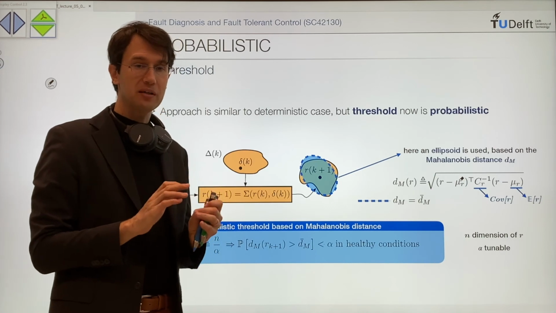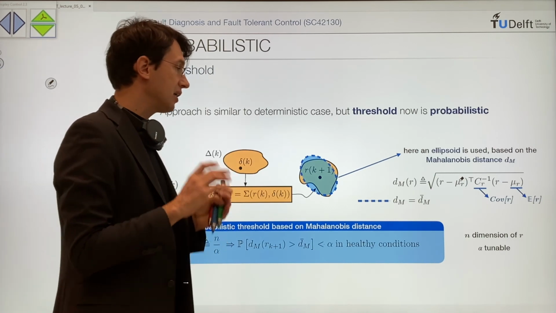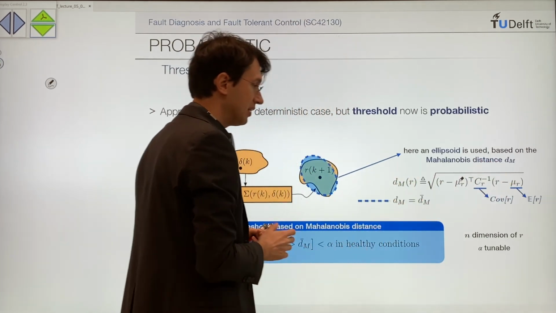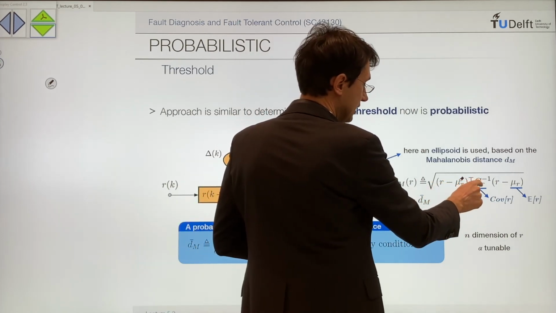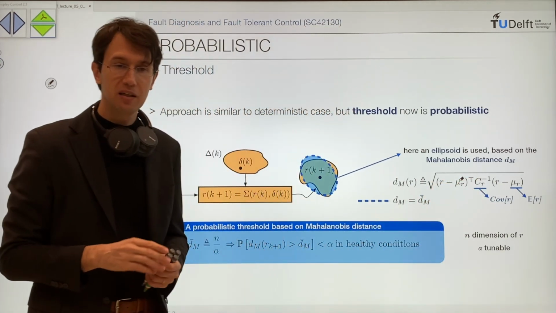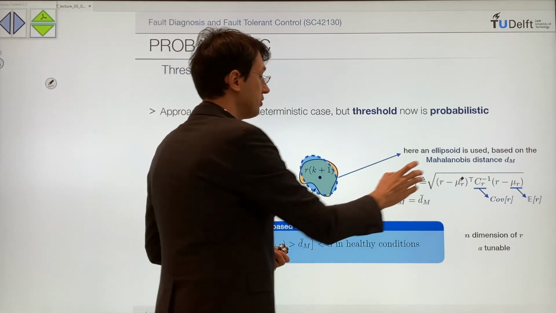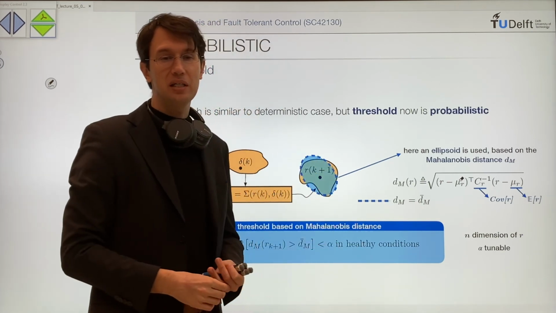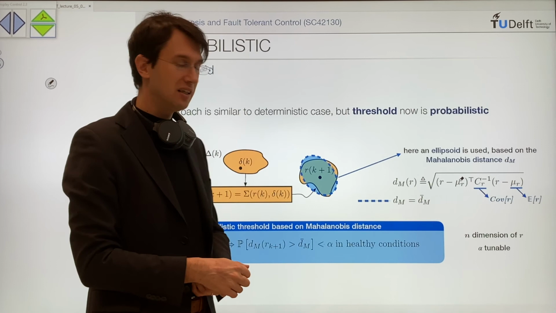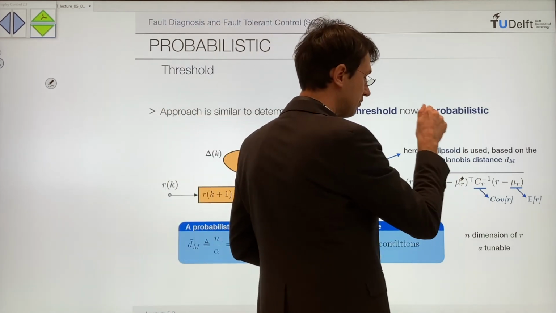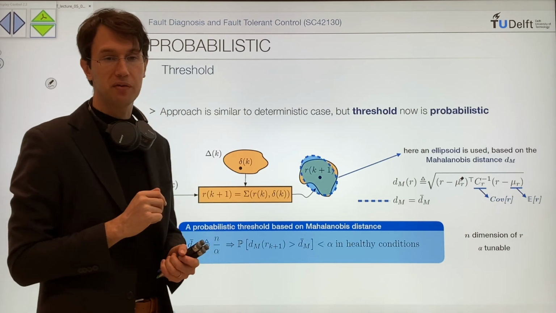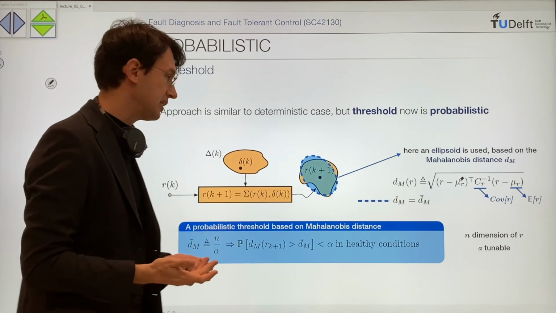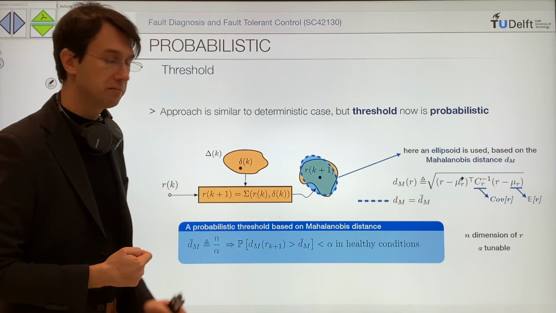You do it somehow, once, you keep the result, and then you apply them to the actual samples of R. So these mu and C are not continuously updated, because otherwise, when you have a fault, mu and C are going to be poisoned by the fault, and the test will never fail. So you need to have mu and C fixed to values that describe the statistical behavior of R in healthy conditions. And then you can build a test such that you are detecting faulty behavior.